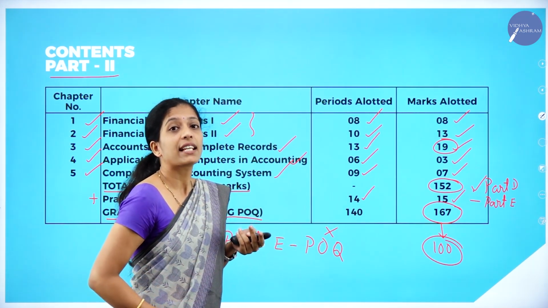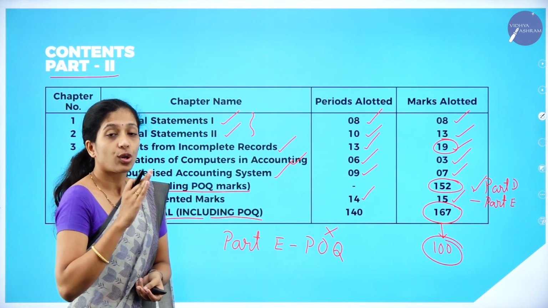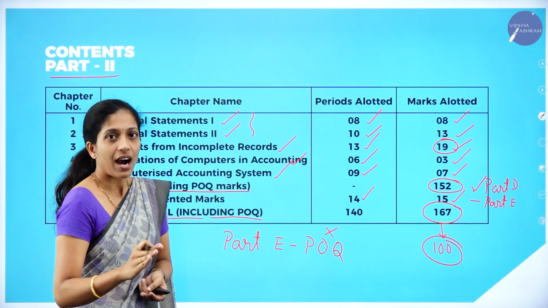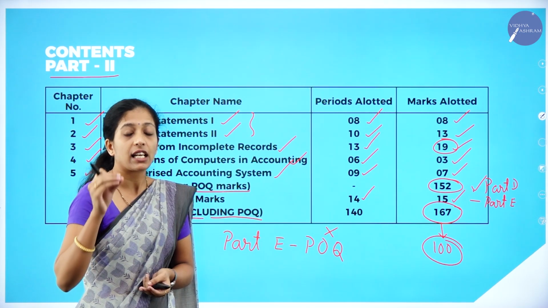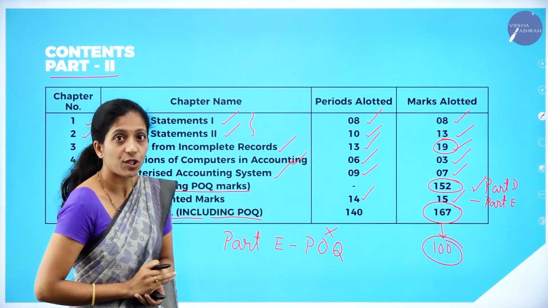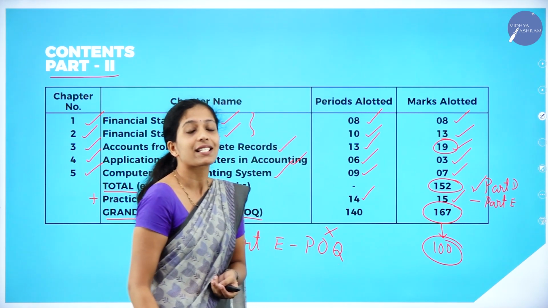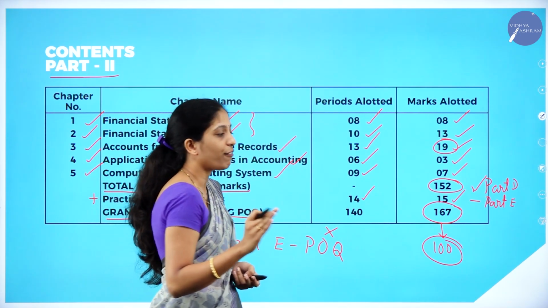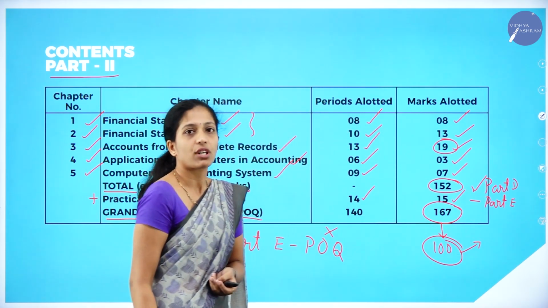Because you will be having a number of options in each and every section. In each and every part of your question paper, from part A to part E, you will have a number of options, where the whole question paper will be for 167 marks, out of which you have to answer for 100 marks.